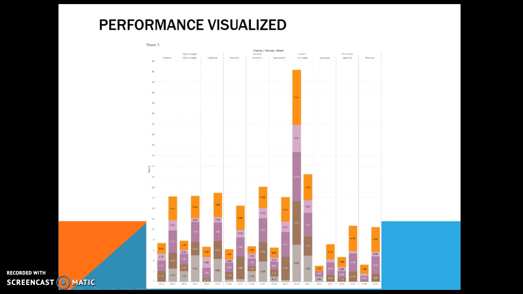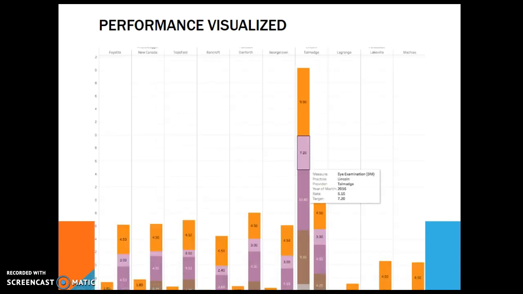And if you look a little bit further, you can look a little bit deeper into the data. When you hover over the data or each color, you'll see not only the target, but then you will actually see the rate as well as the year, the provider, and the practice, and the measure, and what they were rated.